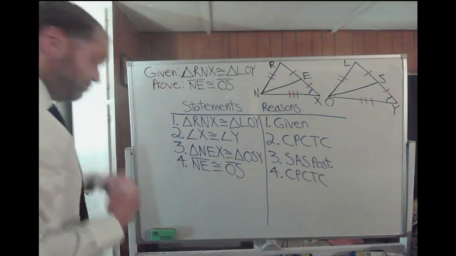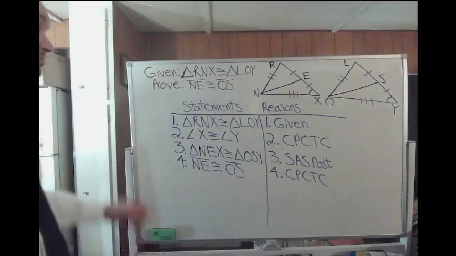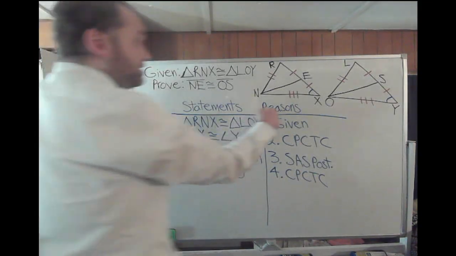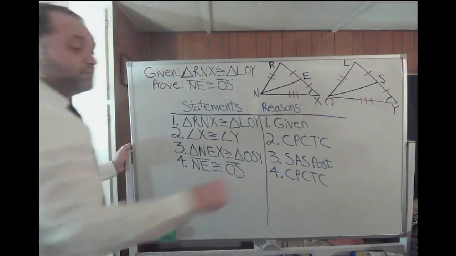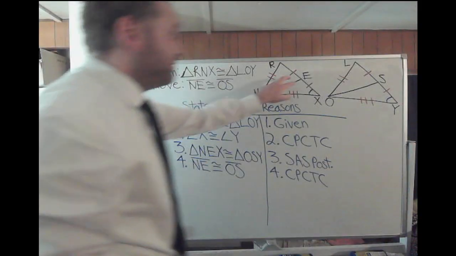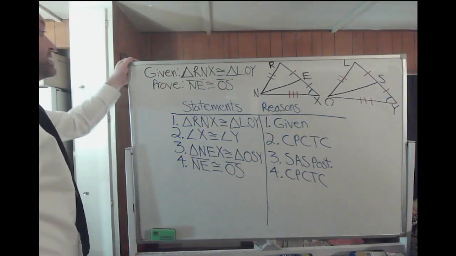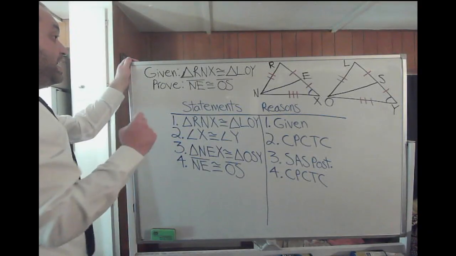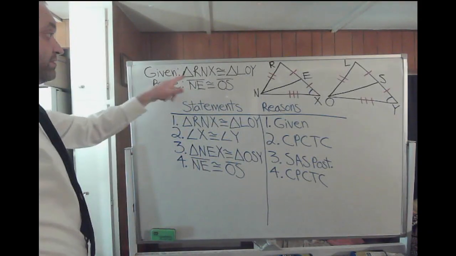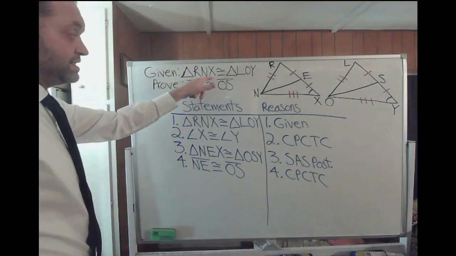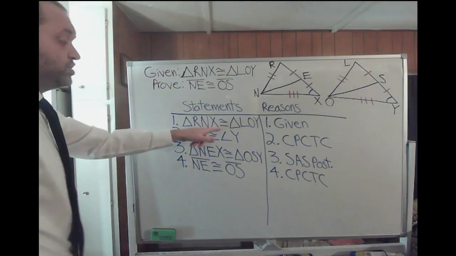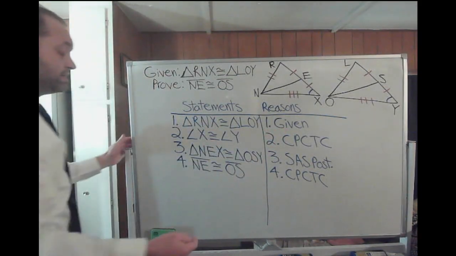So I'll go through this proof again here real quick. We were given 2 triangles that were each split into 2 triangles, so really we have 4 triangles to work with. You were given that triangles RNX and LOY are congruent to each other, which was our first statement.